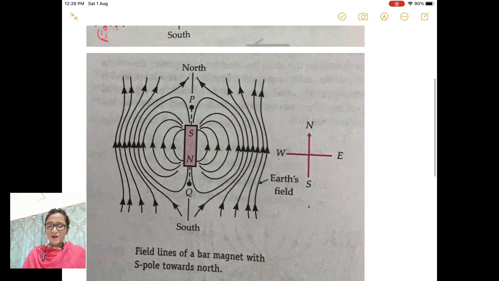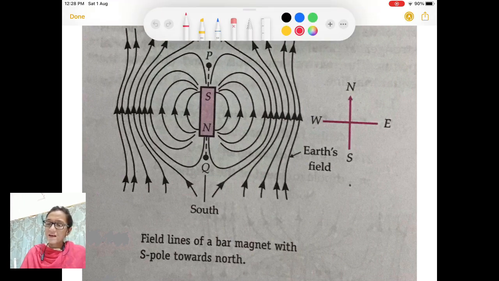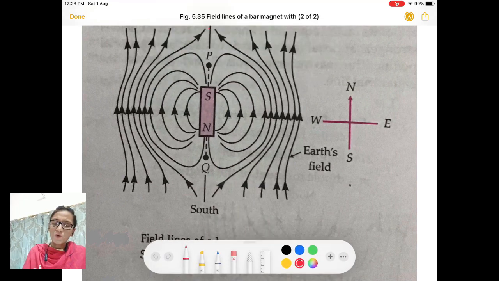Now there is one more placement of your bar magnet. If you place the south pole of the bar magnet in the magnetic field of Earth such that your south pole is facing the magnetic north pole, which is another south pole, here is the hidden south pole of Earth.